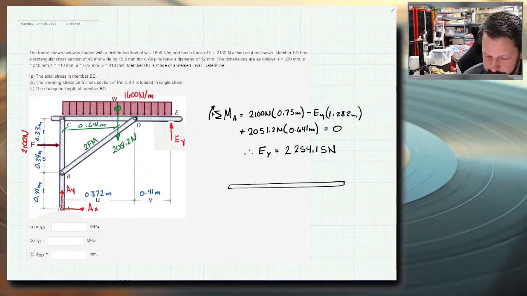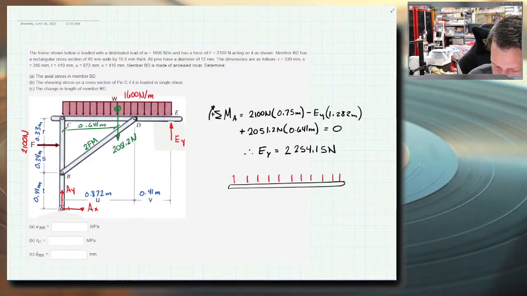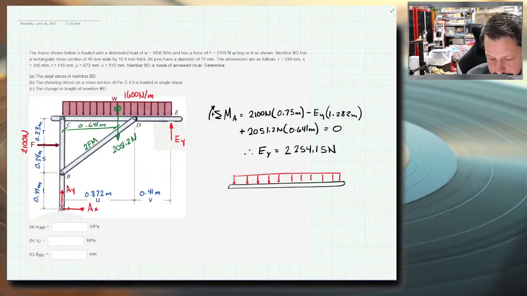And I'm going to put the distributed load across it just because I want to remind myself that it's a distributed load and not a point load. And that doesn't really affect what we're doing here.